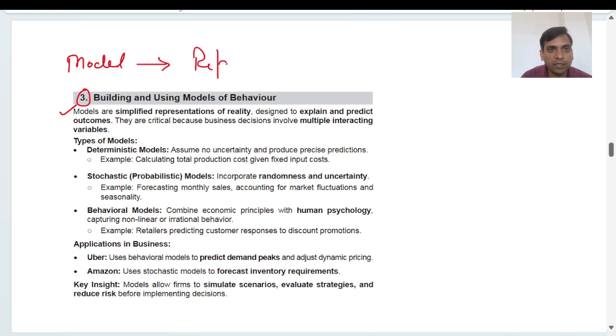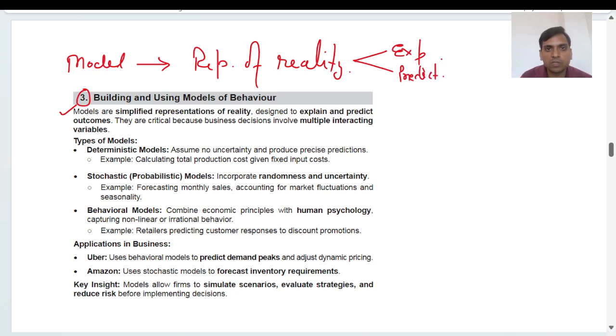Representations of reality, designed to explain and predict outcomes. The objective of this is to explain and predict outcomes. They are critical because business decisions involve multiple interacting variables, not interchanging.